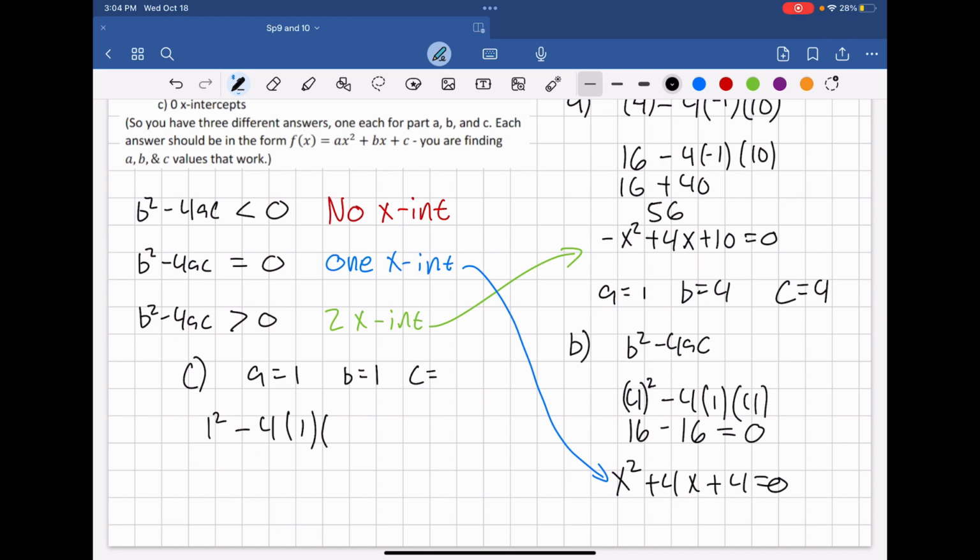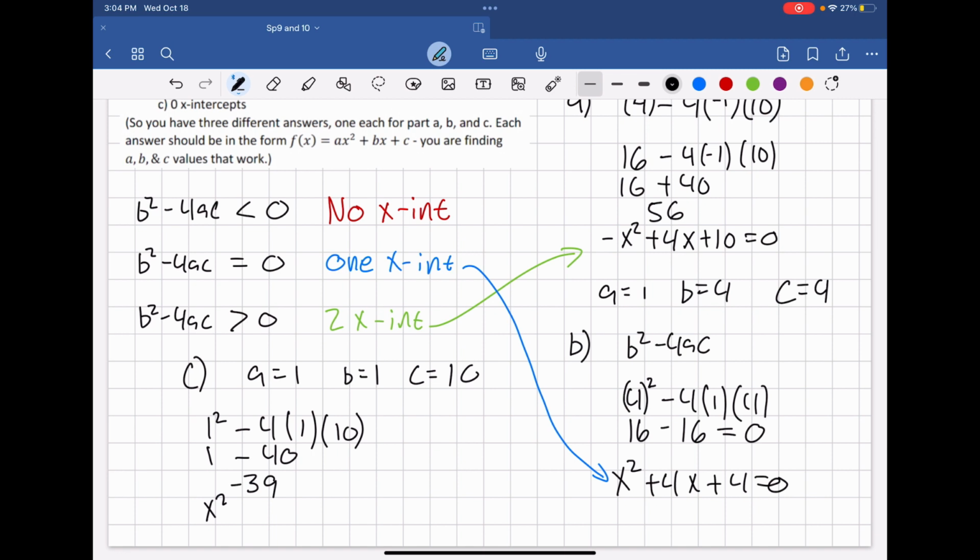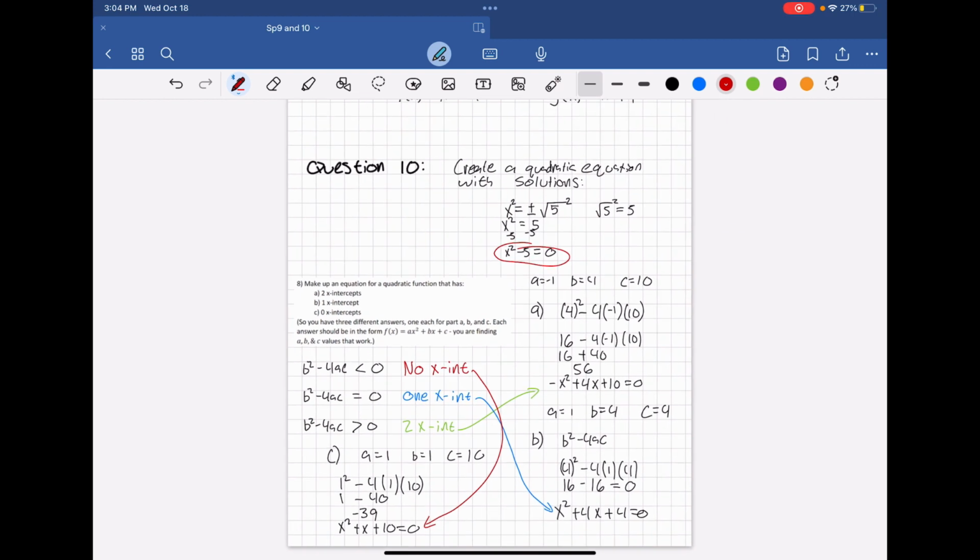And C, let's do 10 again. Right, so 1 squared is 1, minus 4 times 1 is -4, -4 times 10 is -40. So 1 minus 40 is -39. Right? So our full function is x squared plus x plus 10 is equal to 0. And that will be no x-intercepts.